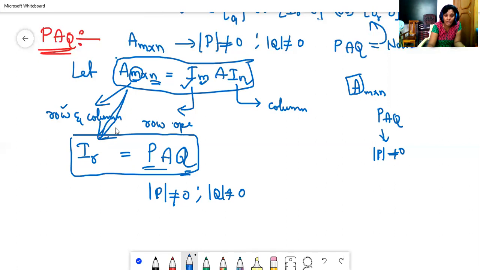What operations are you applying? The row operation is applied to the left-side A and the right-side prefactor identity matrix. If you apply the column operation to the left-side A matrix, you apply it on the right-side post identity matrix, not using two identities. That's the major condition of the PAQ form.